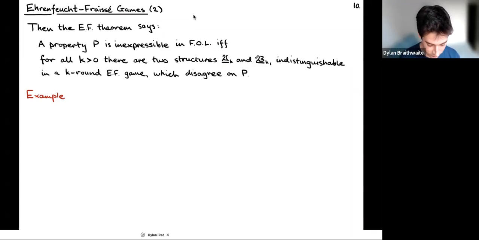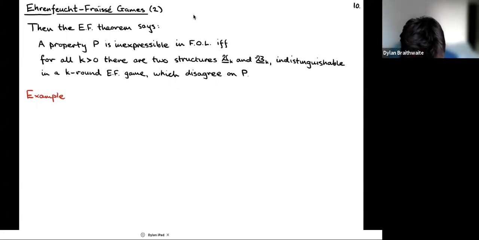If we wanted to go back to the connectivity example and show that actually it isn't possible even if we only care about finite structures, then what we need to show is that for all k there are two graphs, one which is connected and one which is disconnected, but so that the duplicator still has a winning strategy in the game played over those two graphs.